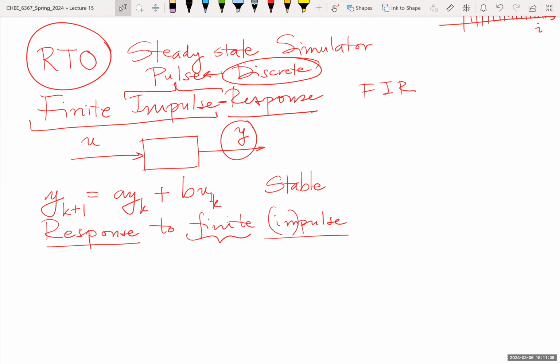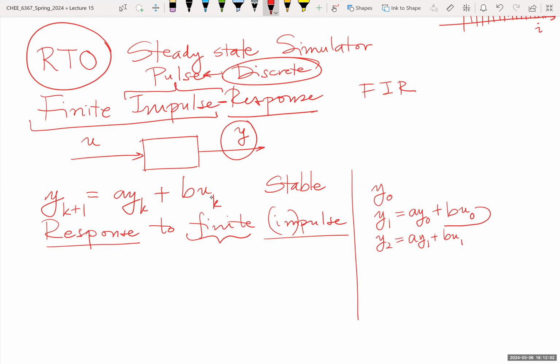Well, let's try to do this together so we can remind ourselves. So I start with y0, and then I'll compute y1, which is going to be a y0 plus b u0, correct? Well, let me compute y2, which is going to be a y1 plus b u1.